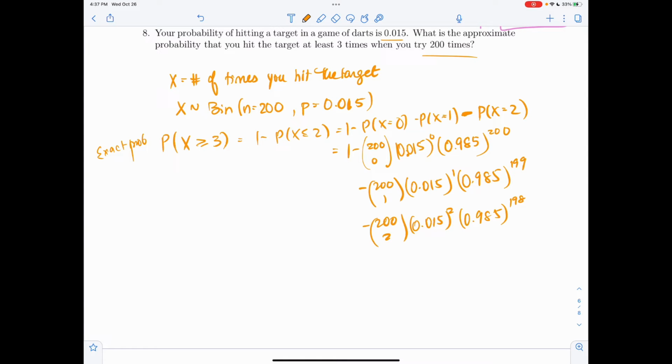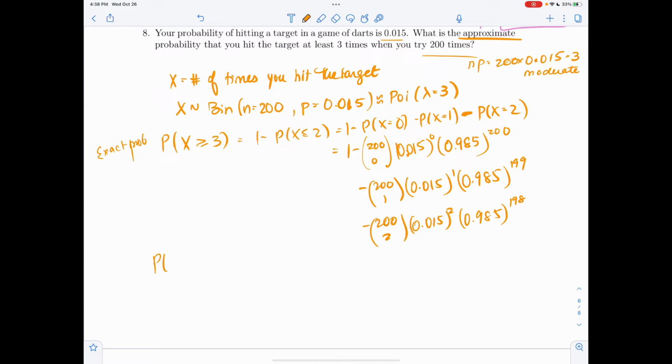In this case, I've asked you for the approximate probability. So you have to do an approximation. So you know n is large, p is small. np, what is np? Okay, this will be 3. So that is moderate. So this you know is approximately Poisson with lambda equals 3.